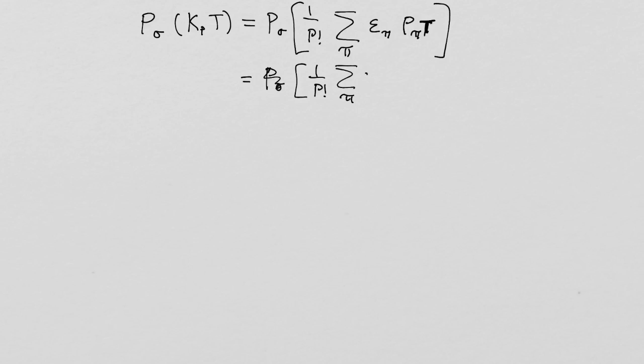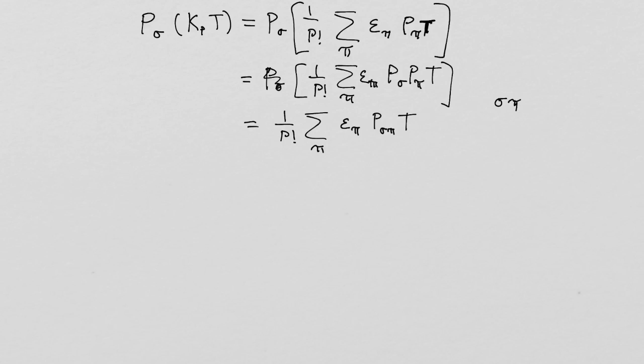Over pi epsilon pi, and then I put the sigma transpose here over the pi transpose like this, and then let's see, then we go 1 over p factorial sum over all the pi's, and then we realize, okay, this is epsilon pi p, and we just replace this with a single transpose, because this means transpose with pi first and then sigma second, and that's just another permutation, right?